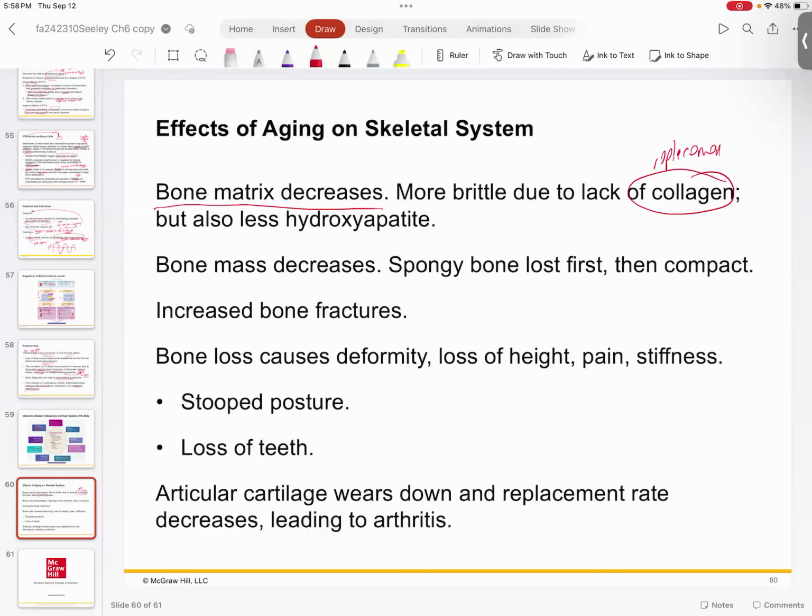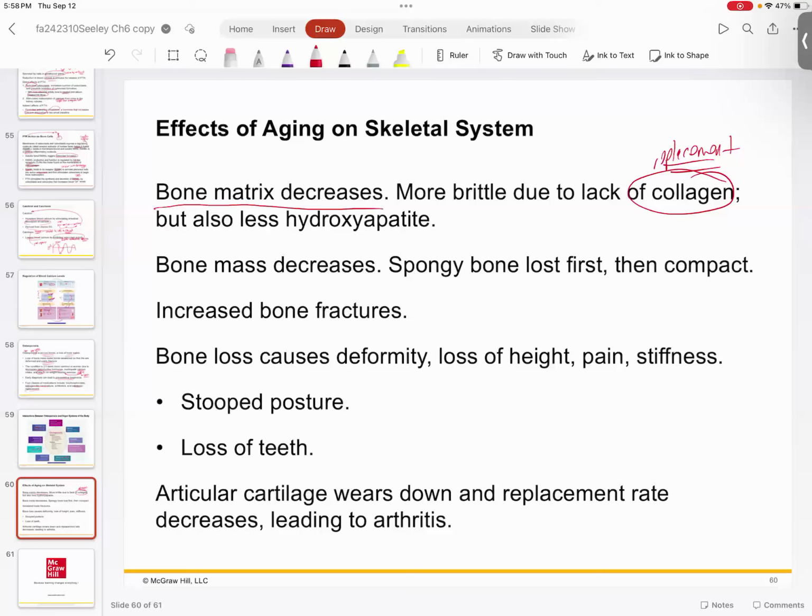By the way, the degradation of connective tissue across the board is happening as you age, right? All of the connective tissue in your joints is degrading, so you can't replace your collagen quite as easily. You're more likely to sprain something. You're healing a lot slower. So a lot of things add to this general degradation of collagen.